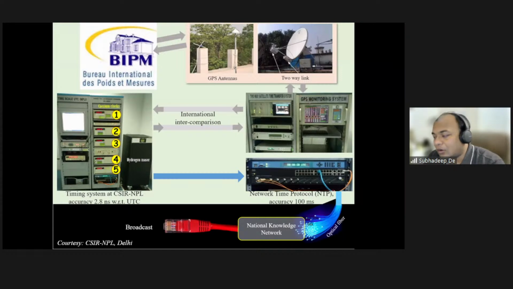Typically, for the common man, it is disseminated through networks, through the internet nowadays, or through telephones also. I'm not going into detail of those techniques, but I just wanted to give you an impression of how a country maintains its own time at par with the international standard.